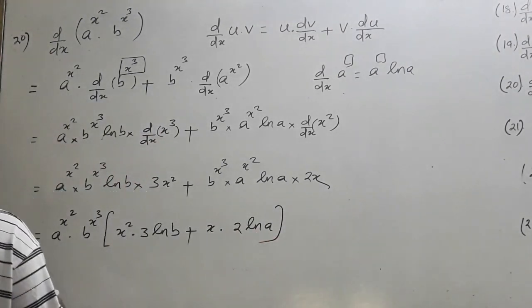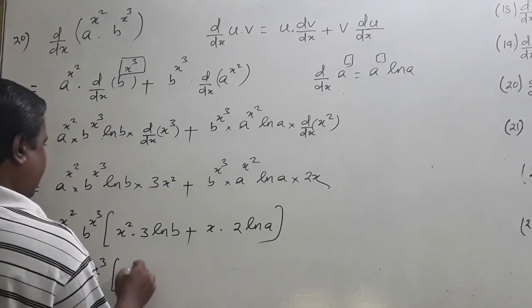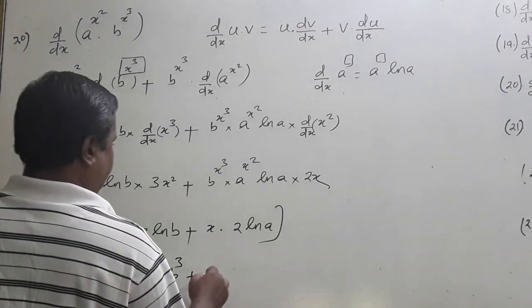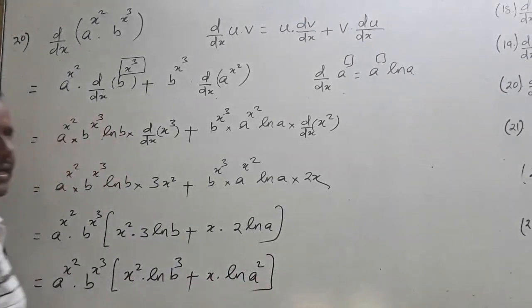Then it becomes a to the power x square, b to the power x cube into x square into 3 ln b plus x into 2 ln a. Okay.